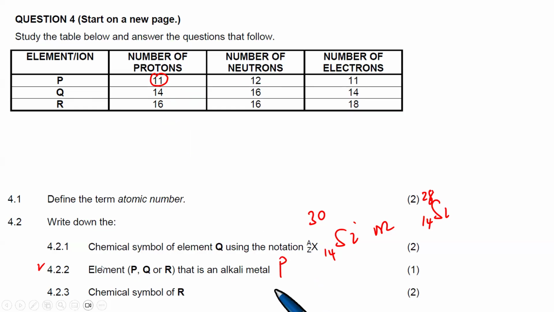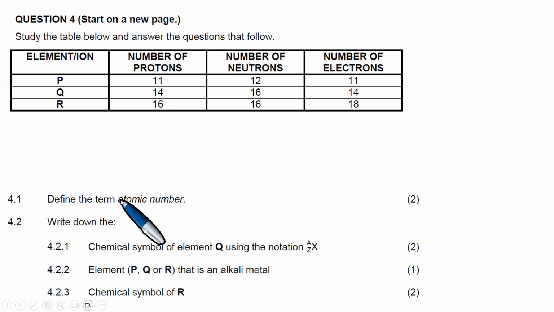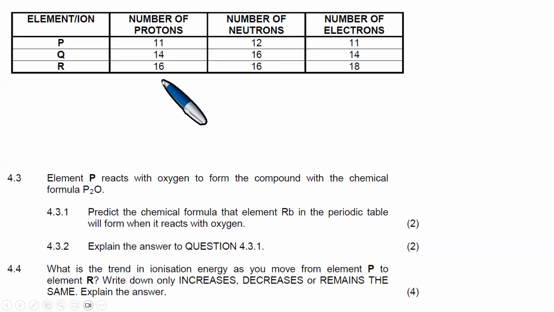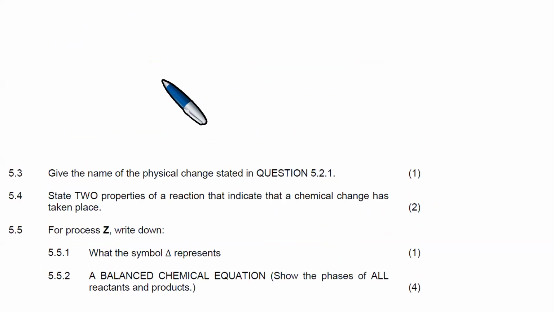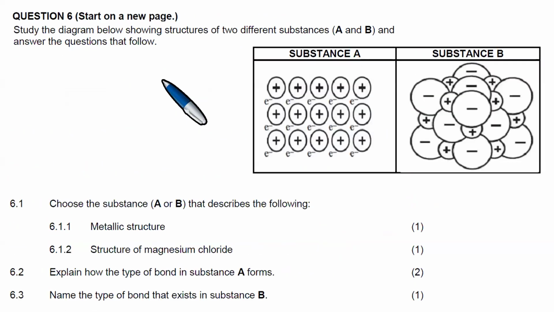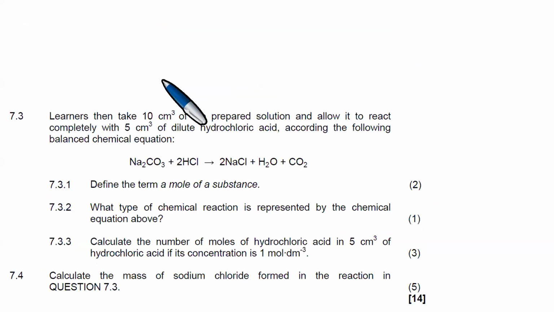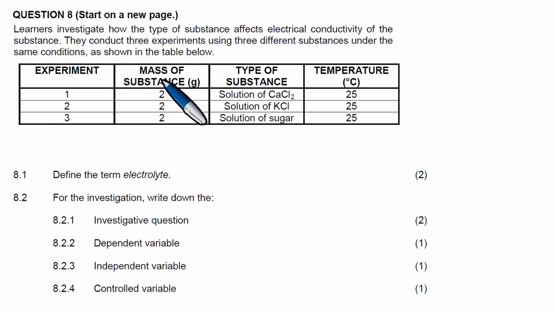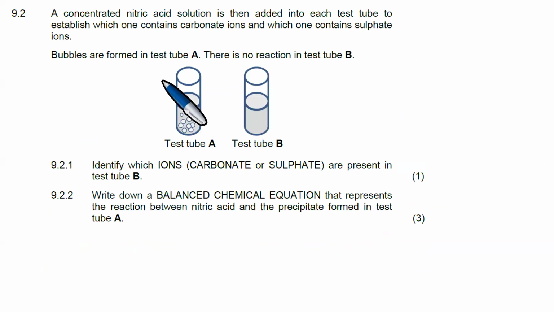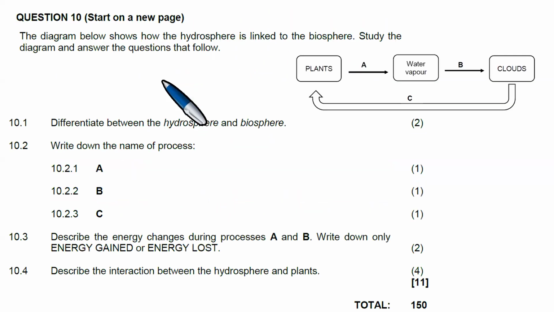How do you see that? You must go to a periodic table. You can see it has 11 protons, and these protons show the atomic number. So you can go to the periodic table and check the atomic number 11.